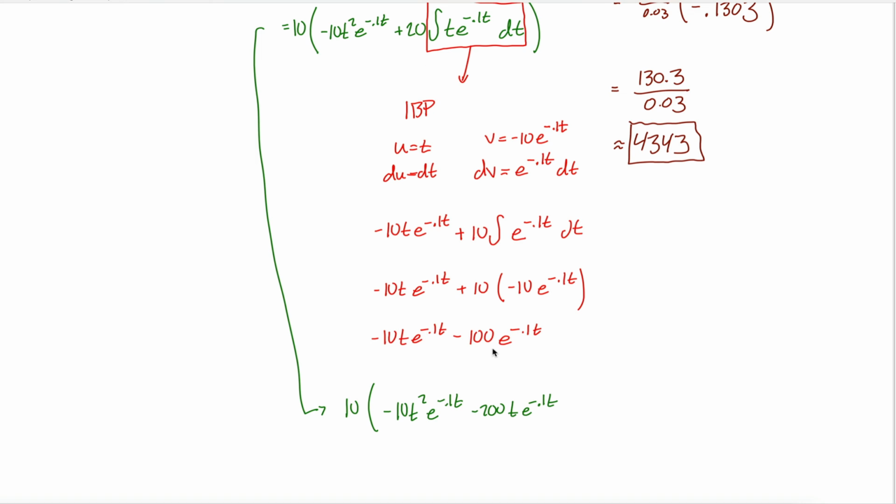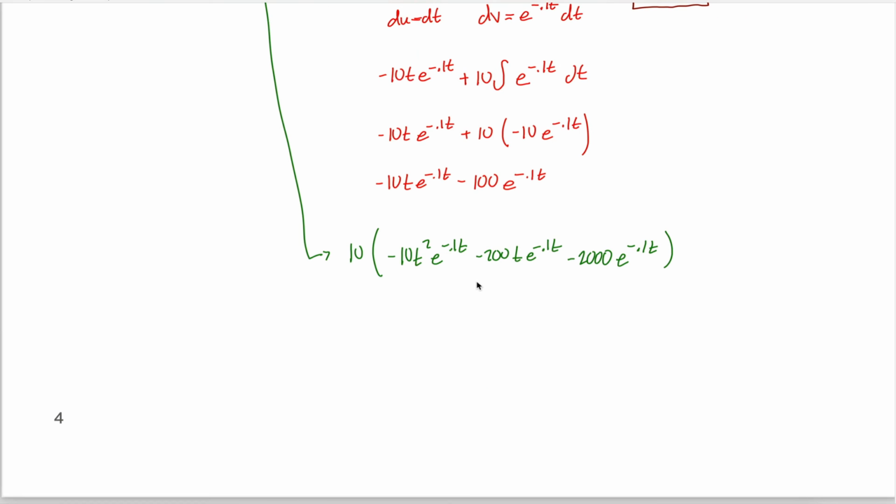And then if I take this 20 and distribute it to this term, I get minus 2,000 e to the negative 0.1t. Just so I don't have any parentheses, I think I'm going to take this 10 and distribute it through also. So I got negative 100t squared e to the negative 0.1t minus 2,000t e to the negative 0.1t minus 20,000 e to the negative 0.1t.